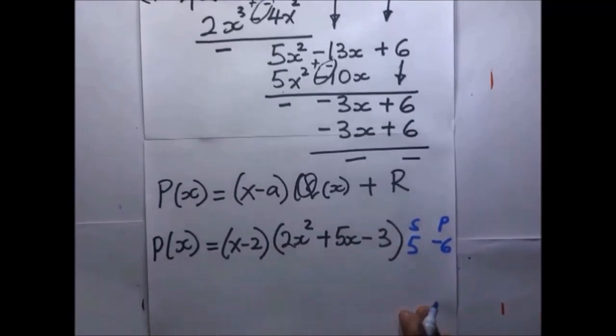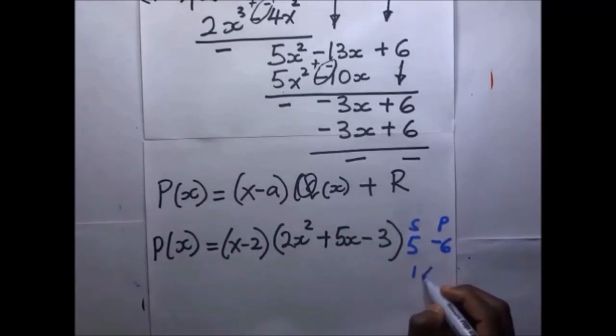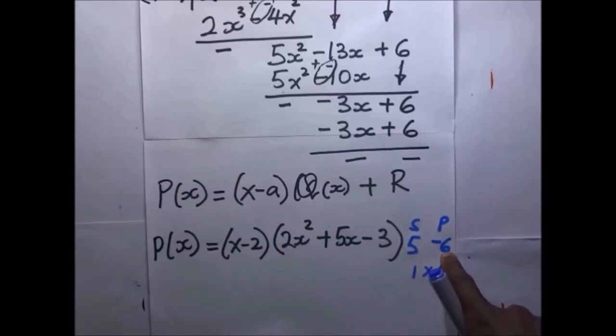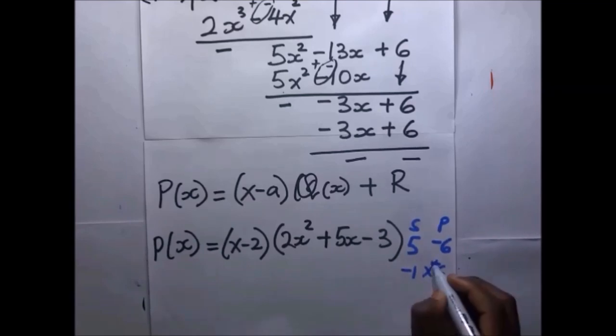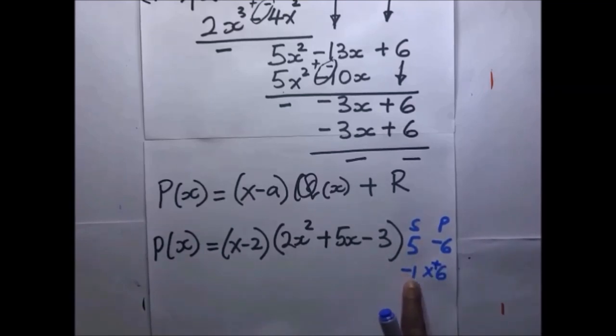So if we land on 1 times 6, that will give us 6, not negative 6. So if we made this a negative, 1 times negative 6 gives us negative 6. 1 plus negative 6 gives us negative 5. So let's make 1 negative, this is positive. So negative 1 times positive 6 gives us negative 6. Negative 1 plus positive 6 gives us positive 5. So the two numbers will be negative 1 and 6.